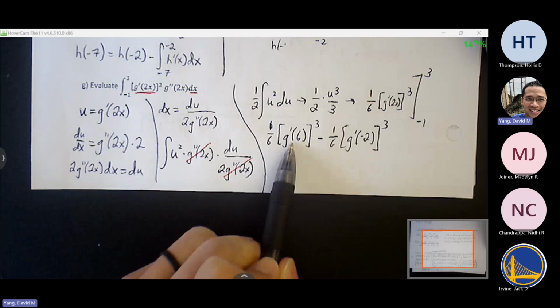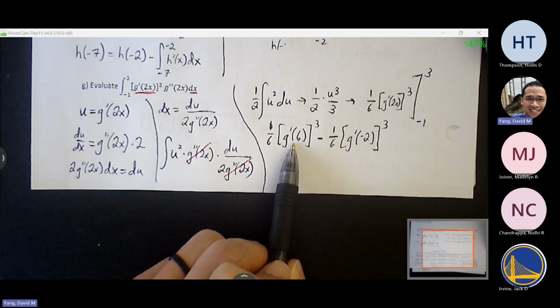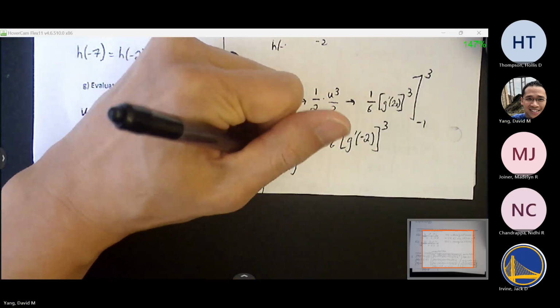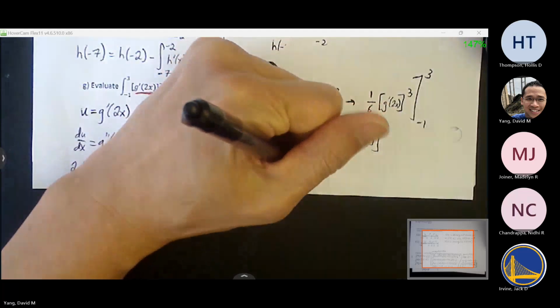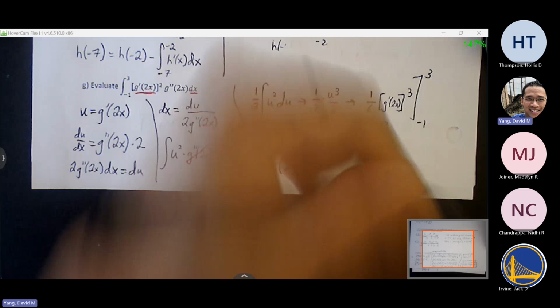So g prime of 6, we can keep going because we actually have a table of values that we can make further substitutions. So g prime of 6 is 2. And g prime of -2 is -3.